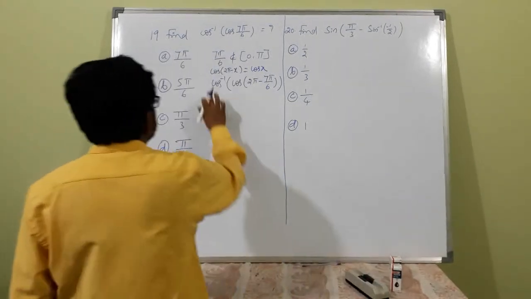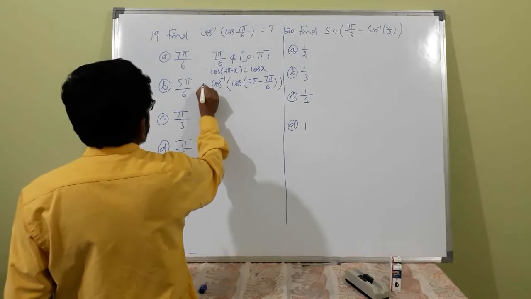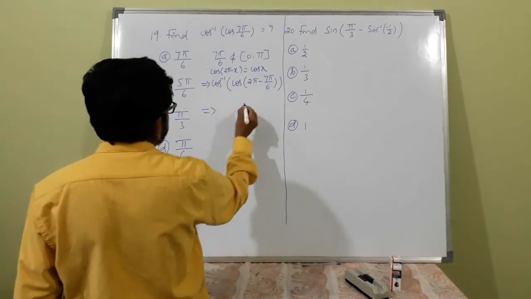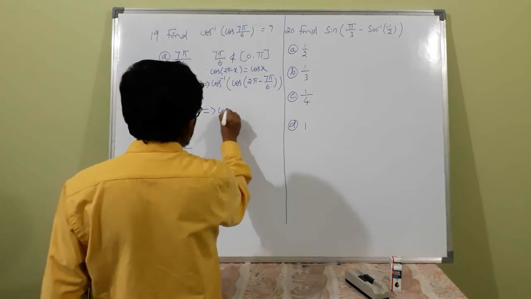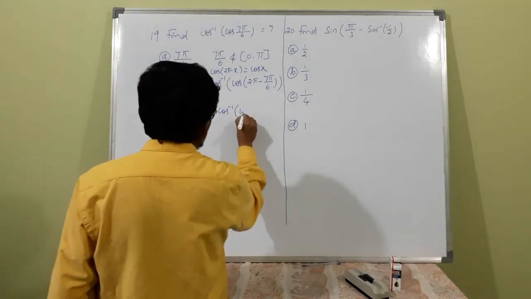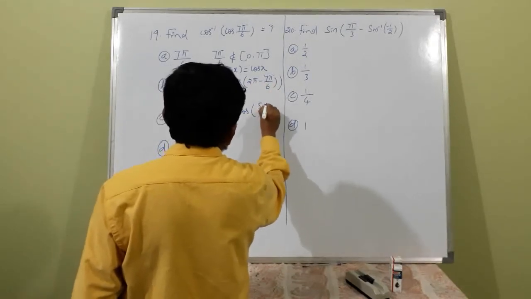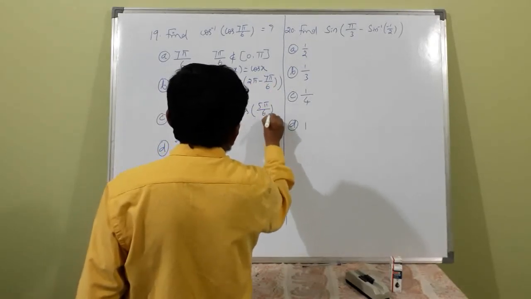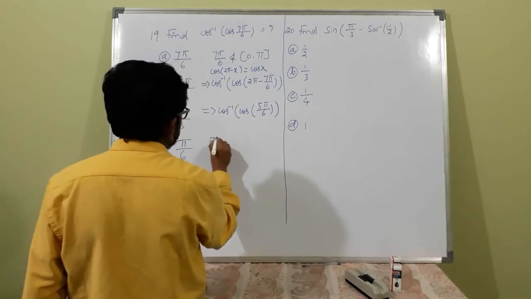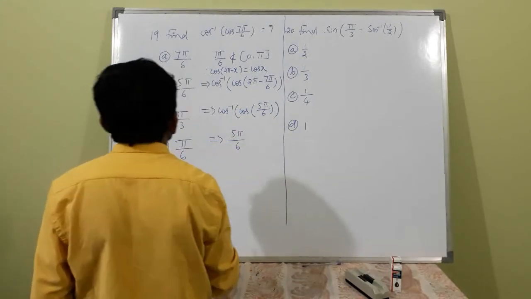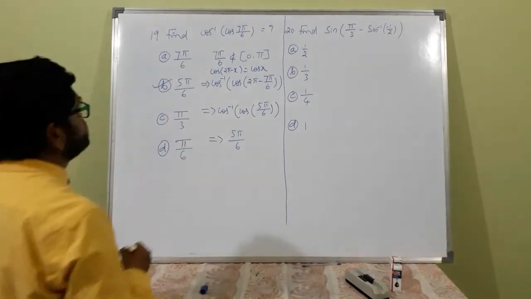So that implies cos inverse of cos of 12 minus 7, so this is 5 by 6 is the answer. Answer is B.